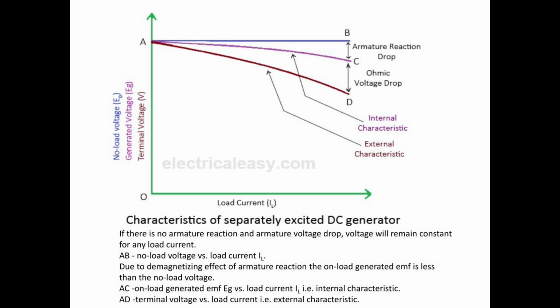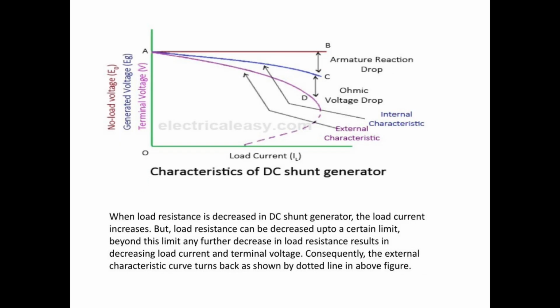Therefore the external characteristics curve lies below the internal characteristics curve. So external characteristics are very important to determine the suitability of a generator for a given purpose.